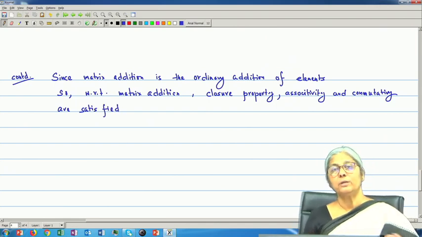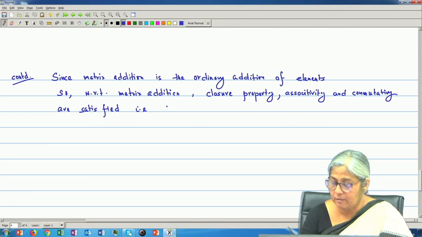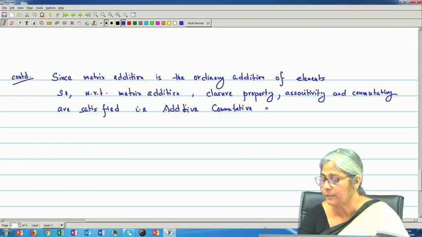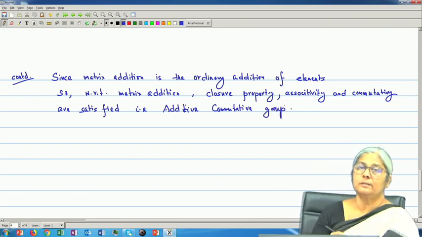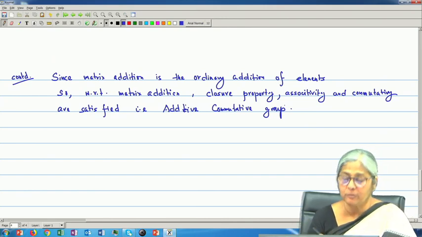So, already we have seen that the set of 2 by 2 matrices with respect to matrix addition is an additive commutative group, which we saw when we studied this as an example of a group.